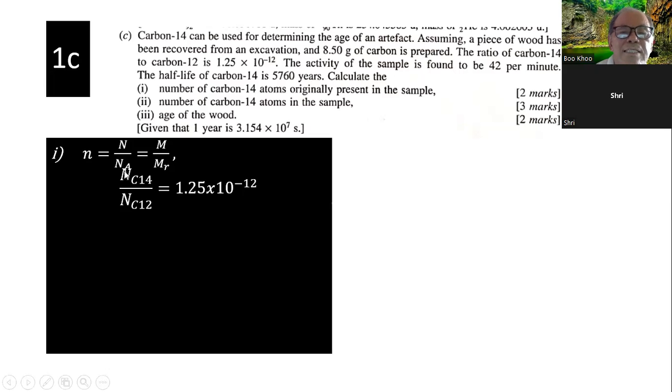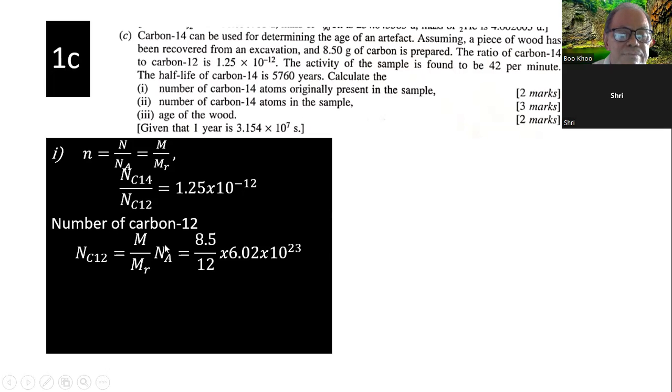You are told that the number of C14 to the number of C12 is given as that. So for the number of C12, you use this formula. You are looking at C12 here. Take this one across there.